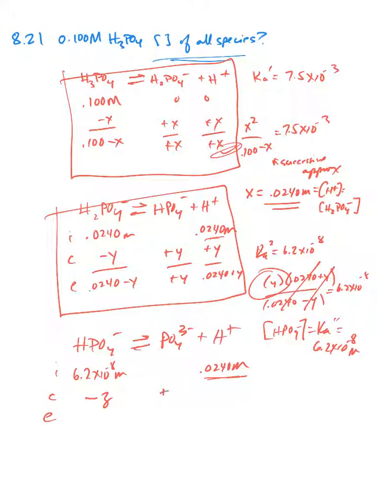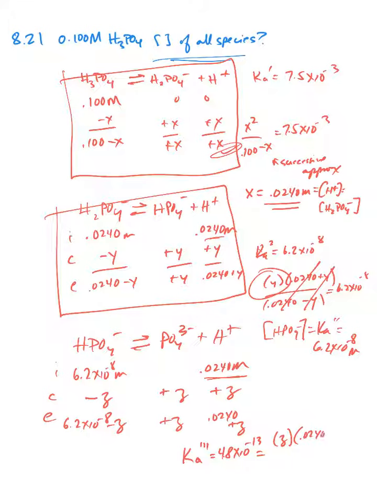I'm going to use the letter Z to distinguish the dissociation. And in this case, Ka triple prime, or Ka3, depending on what your source information is, is really tiny. It's 4.8 times 10 to the minus 13. That's going to be Z times 0.0240 plus Z over 6.2 times 10 to the minus 8 minus Z. What do we see here?